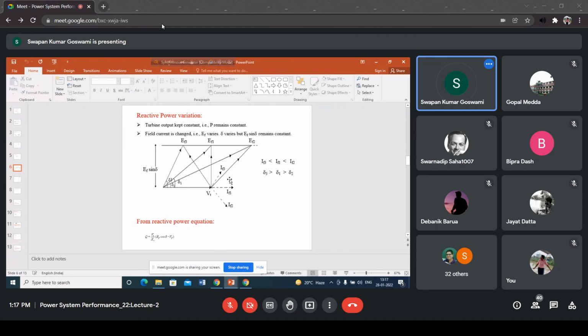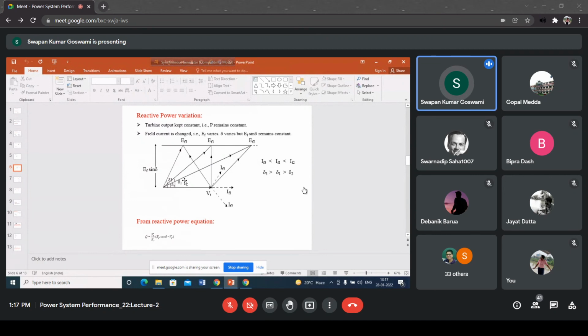So delta in case of EF2 is smaller than delta in case of EF1. Similarly, delta in case of EF1 is smaller than delta in case of EF3. So the smaller the induced EMF, the larger is the value of delta.